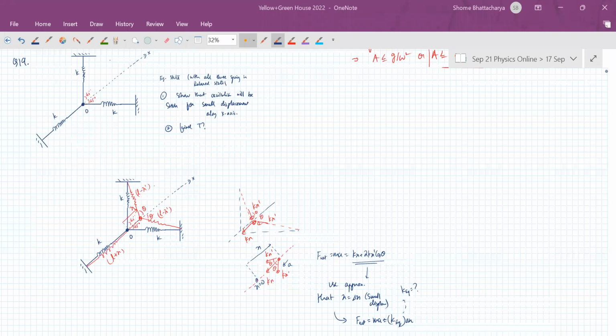Okay, so now we'll understand how to do this small displacement approximation.